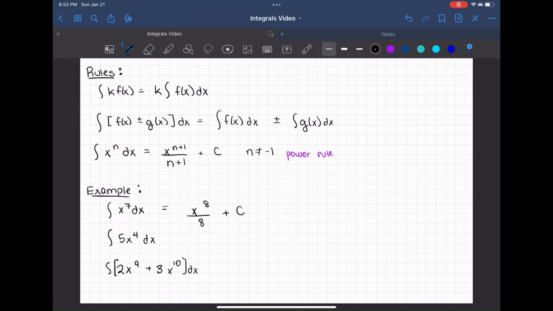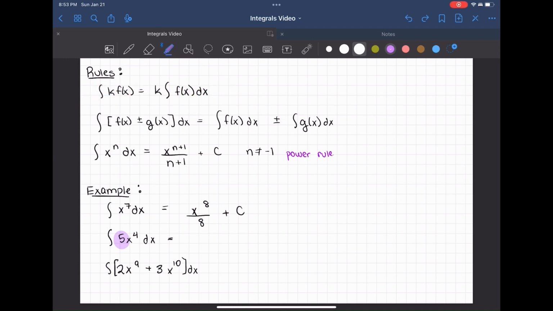right? Okay, let's take on the second one. So now we're seeing again the situation where it's x to the power, but now we have a 5, which doesn't matter. We're not going to get caught up in it because we can just use this rule here.